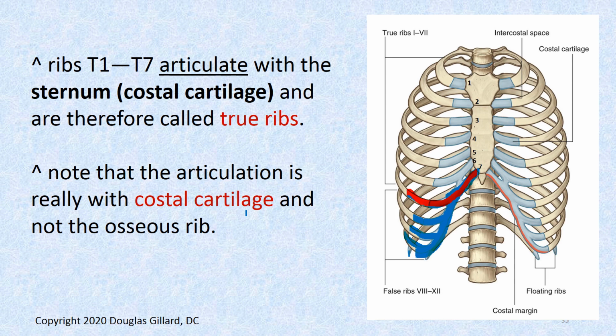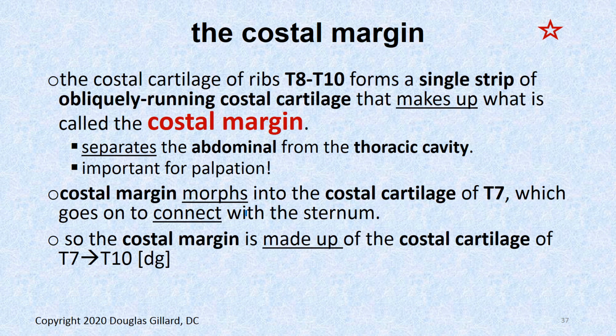We got everything. Okay. Costal margin morphs into the costal cartilage of T7, which goes on to connect with the sternum. So the costal margin is made up of the costal cartilage of T7, T8, T9, and T10.